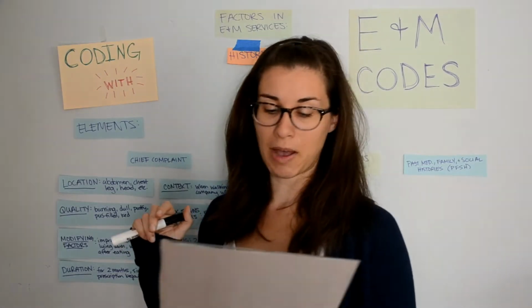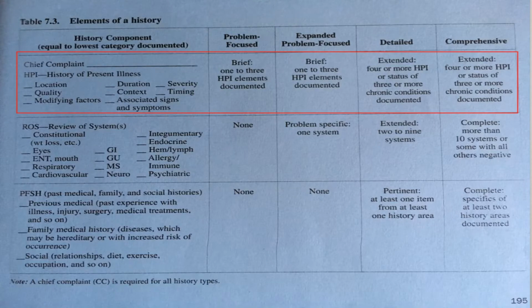So if we're talking about the chief complaint, if the doctor acquired only 1 to 3 elements on this list, and that is what was documented in the medical report, we would say that is a problem-focused history, I guess?